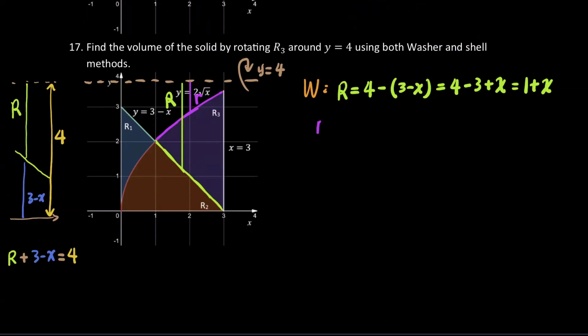And the little r can be found in a similar way. So that should be 4 minus 2 square root of x.